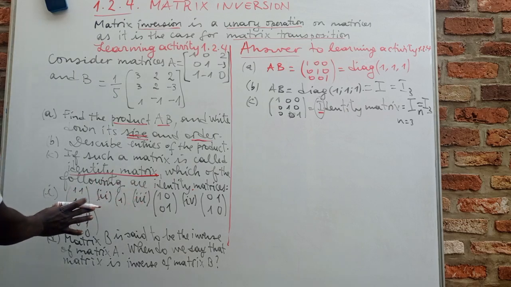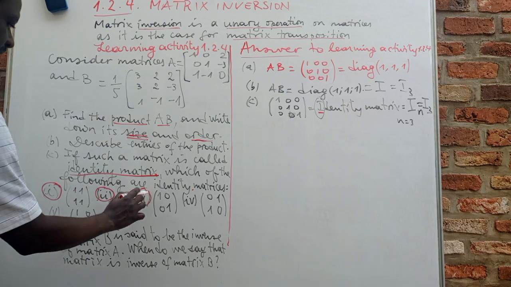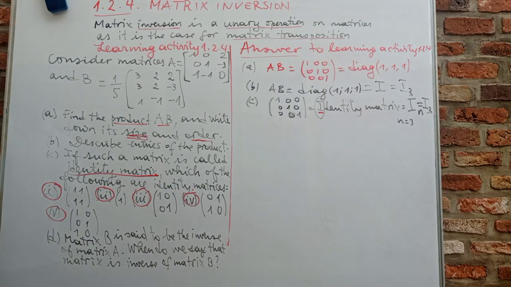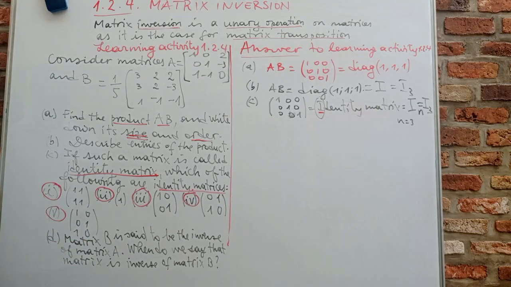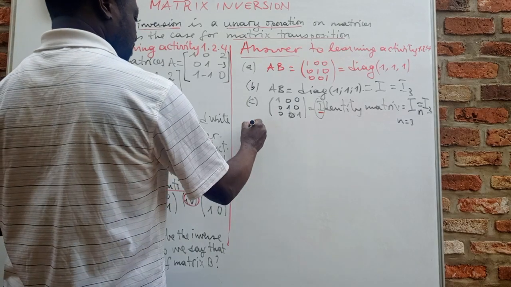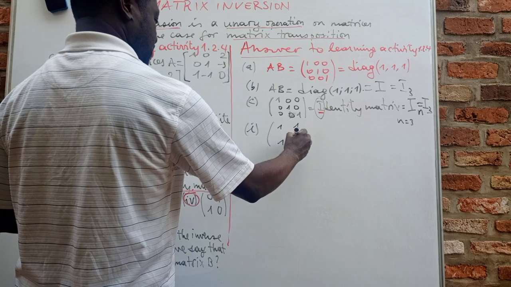Now, this question is asking, among those matrices given in 1, 2, 3, 4, and 5, which ones are identity matrices? Let us start with the first one, 1, 1, 1, 1.